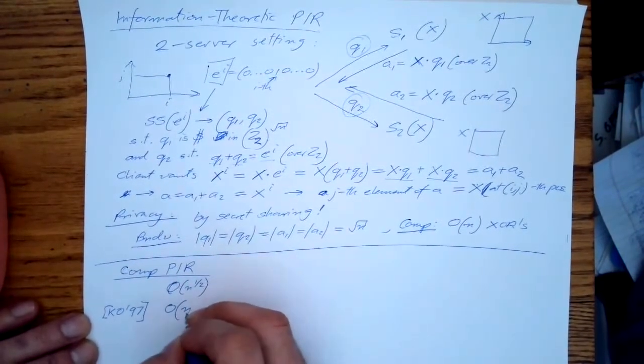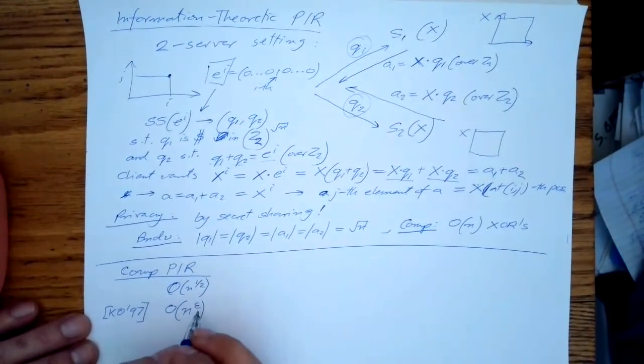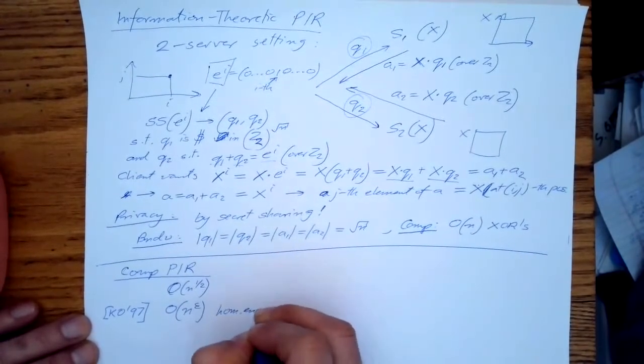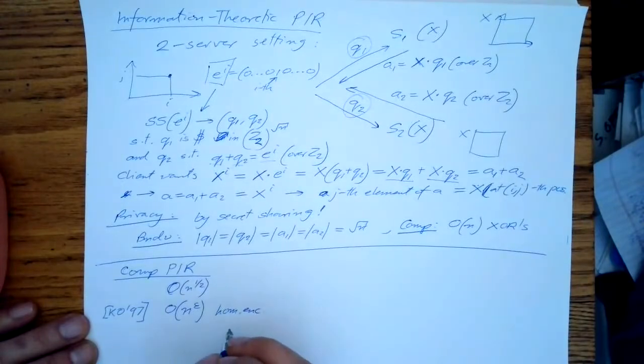This can be driven down to n to any constant, and all you need is homomorphic encryption as in here.